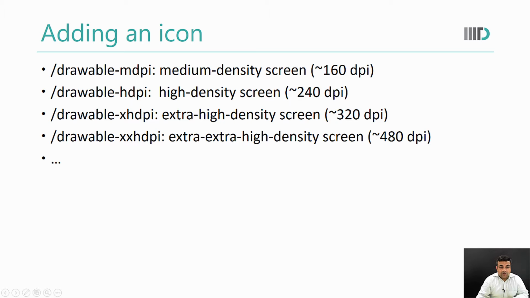The MDPI stands for medium density screen, around 160 dpi. The HDPI stands for high density screen, around 240 dpi. The XHDPI stands for extra high density screen, around 320 dpi, and XXHDPI stands for extra extra high density screen, 480 dpi. There is also a XXXHDPI and there is also an LDPI, which I am not mentioning here.